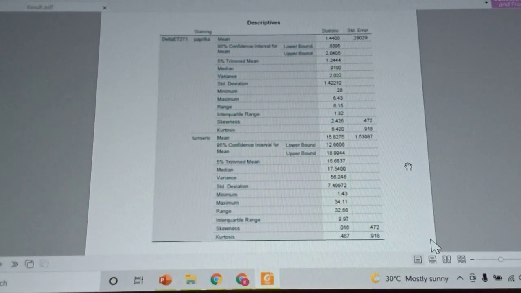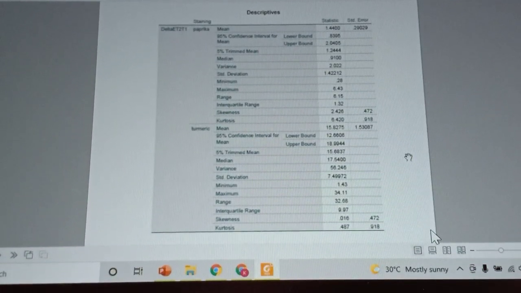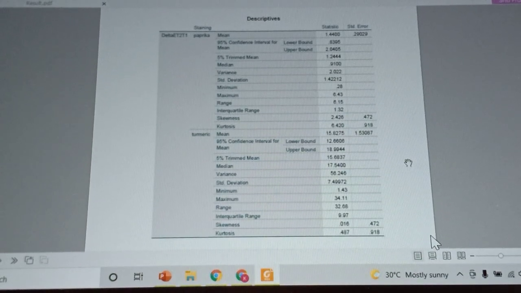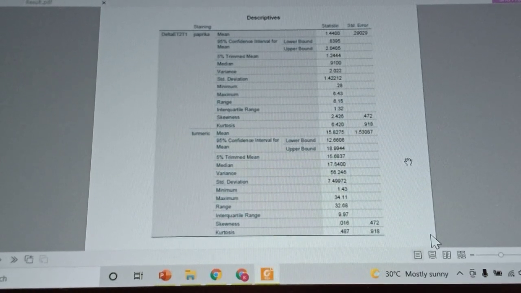Observed power and sample size are based on your existing data.